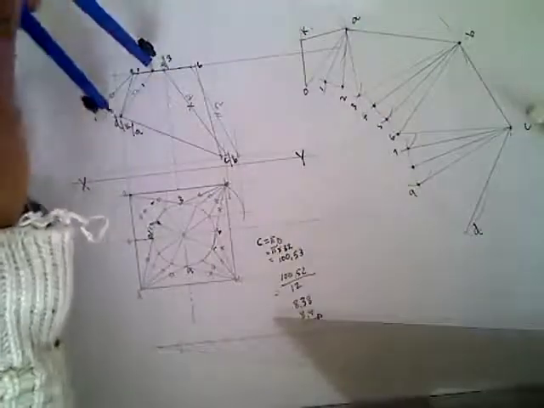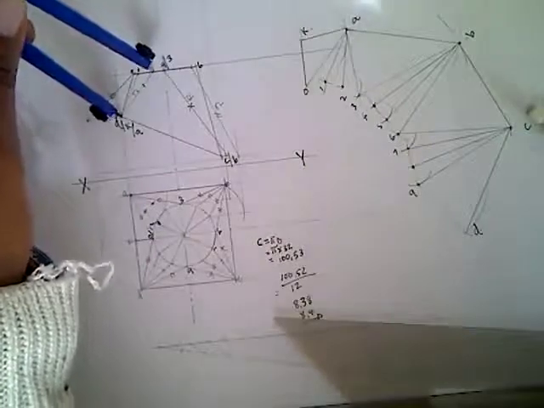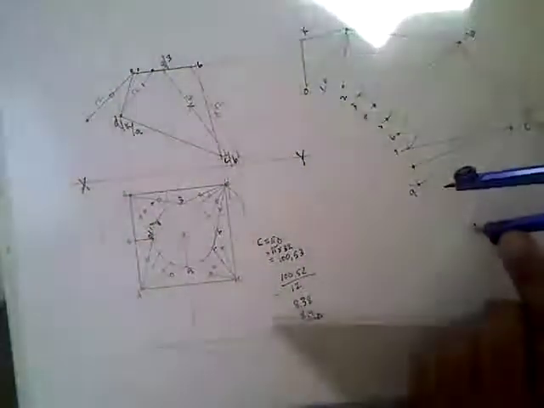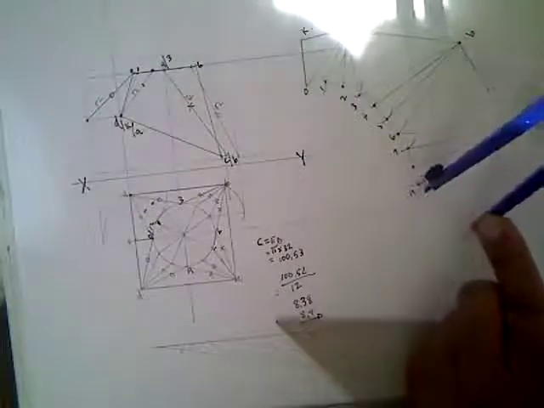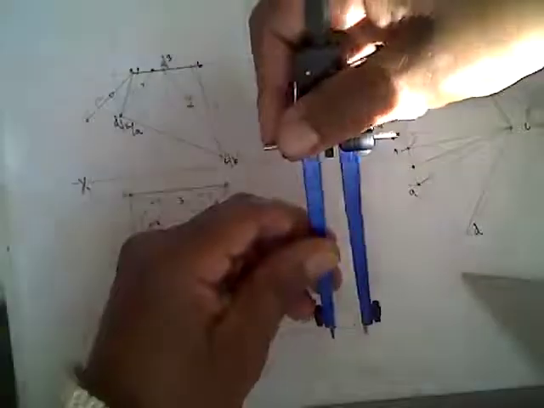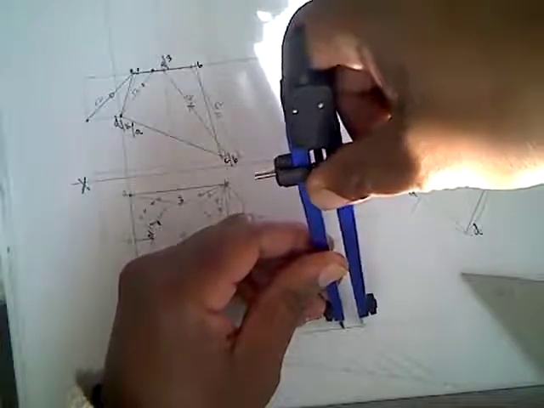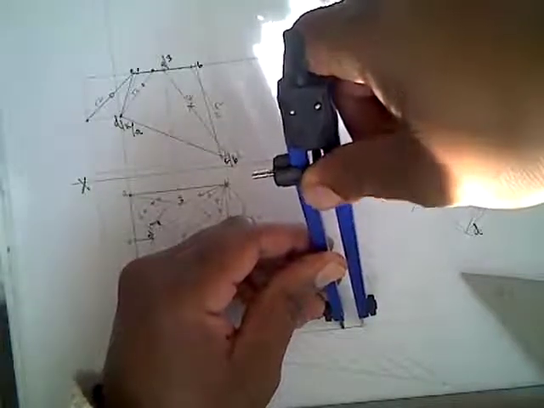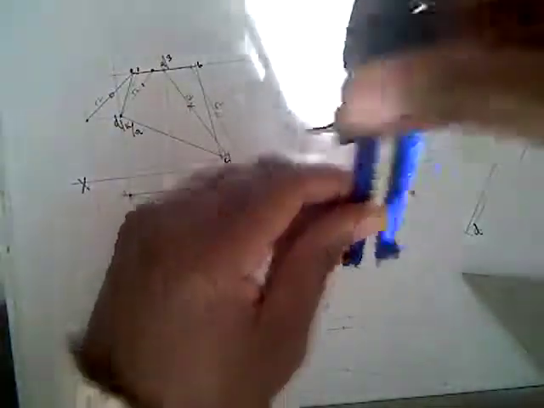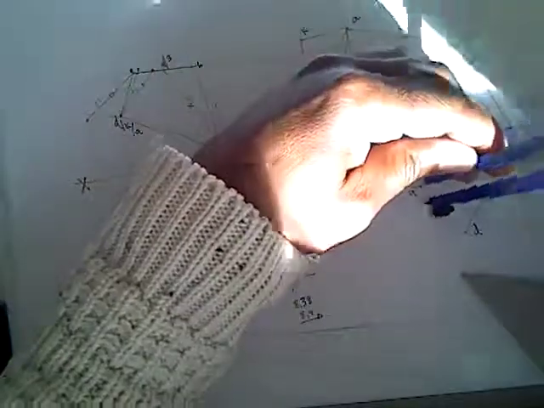These things take practice, guys. It's not as easy. From D to 10 will be there. Now 9 to 10. That size gives us 9 to 10. 10 is here.